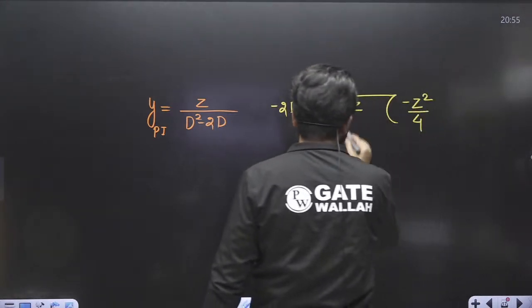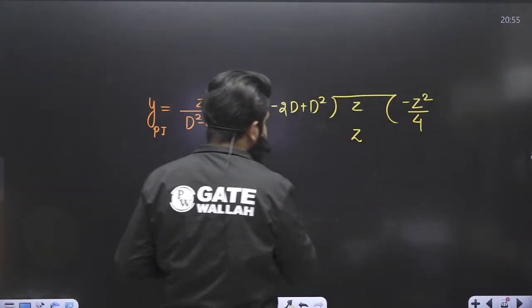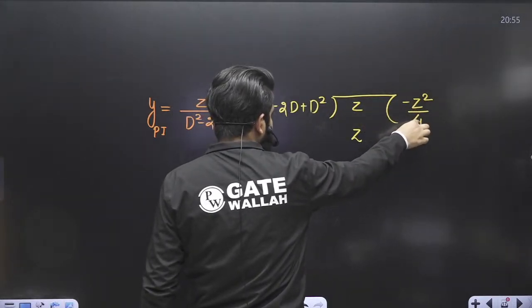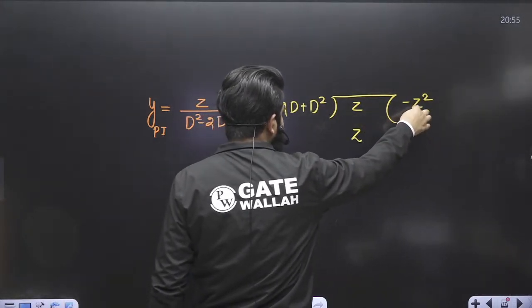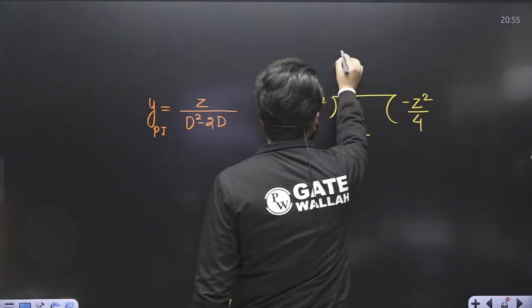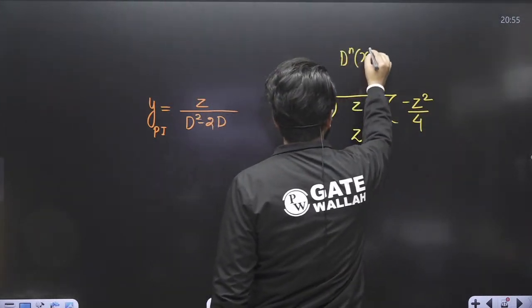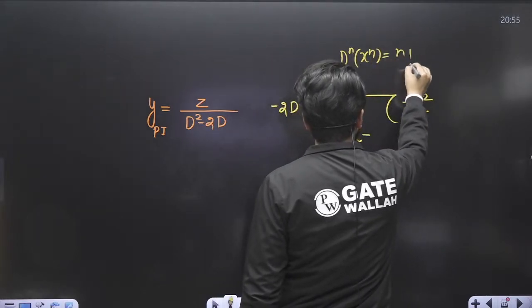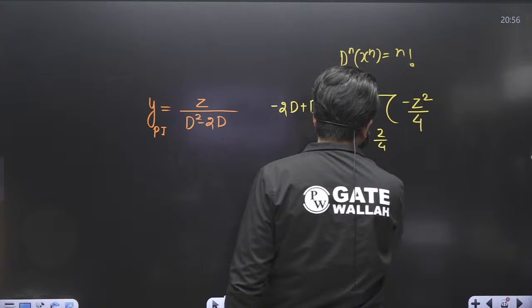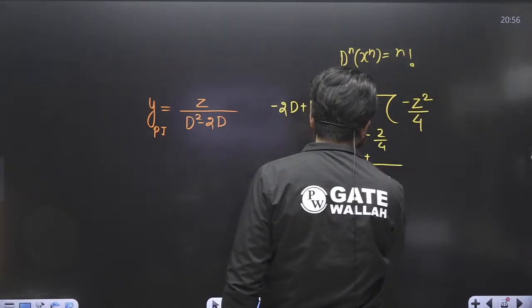So you will be getting z minus 2 over 2, and differentiation of z square becomes 2z, 2 gets cancelled out. You know that D power n of x power n is always equal to n factorial. So this value becomes minus z square by 4.